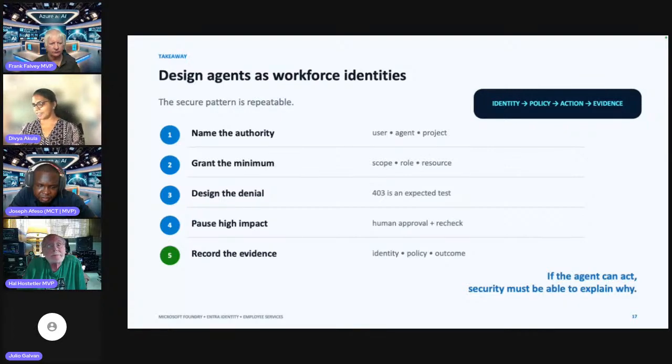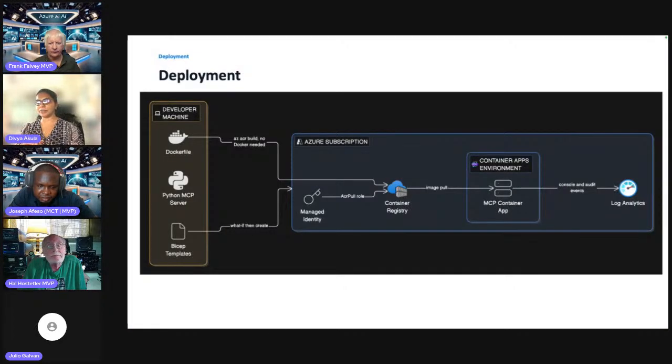And record the evidence: probably I did not have the time to log or put Application Insights in place, but if I complete the whole thing, this is how it would look. Already the Python and the MCP server are part of a Dockerfile, and I have deployed using Bicep templates onto Azure.